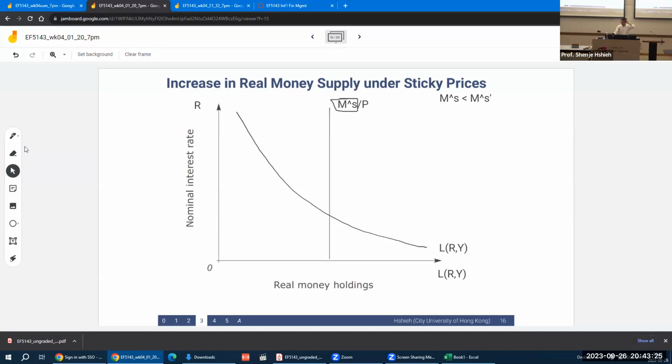So can someone tell me what curves shift based on what I just described to you? I said, suppose MS increases to MS prime. What happens, all else equal? Assume all other variables constant, doesn't change. What happens in this graph? Can someone guess? So if MS is now MS prime, that means that MS prime over P is now bigger.